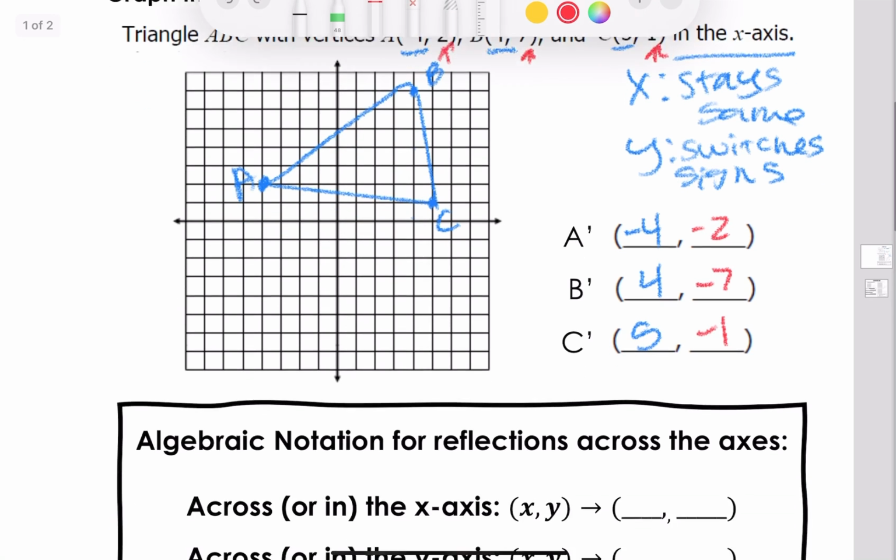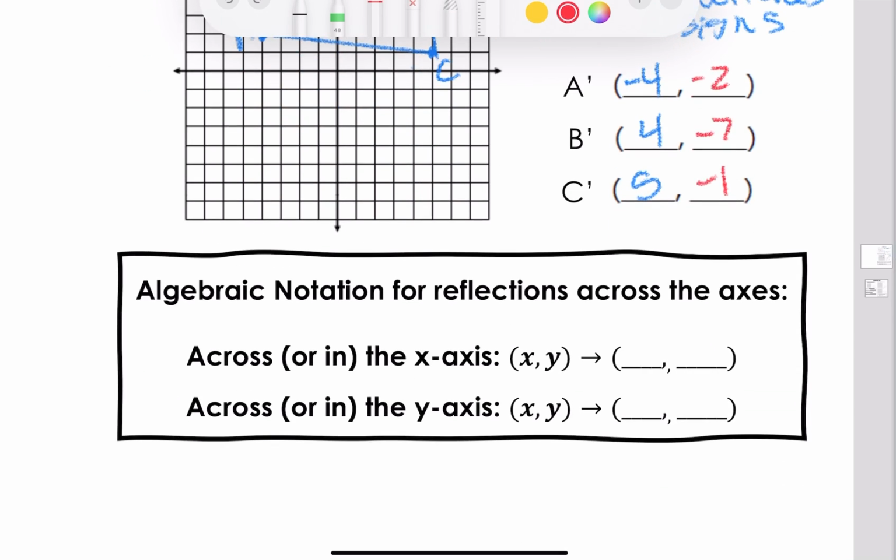All right? So the algebraic notation for reflections across the axes is, if it's across the x-axis, the x stays the same, and your other one flips the sign.